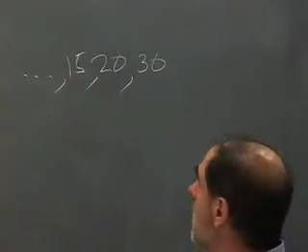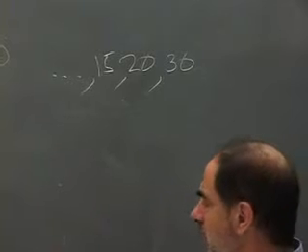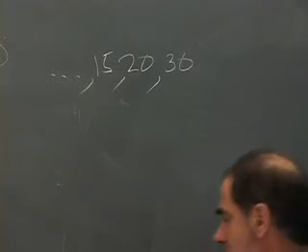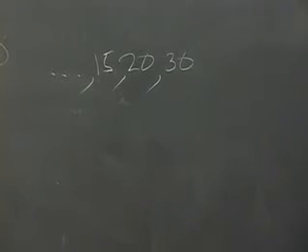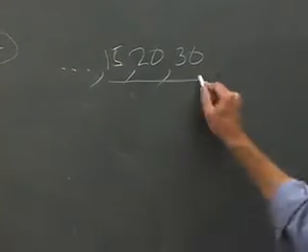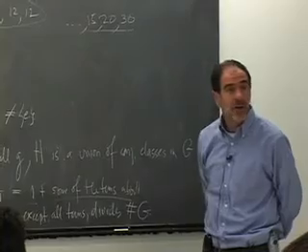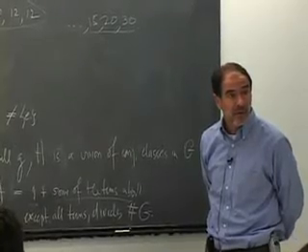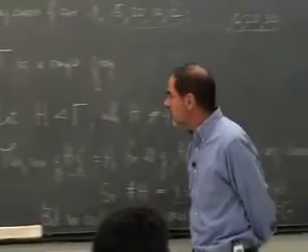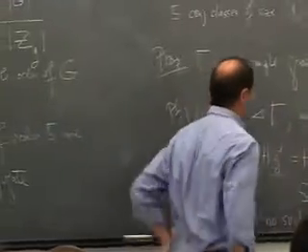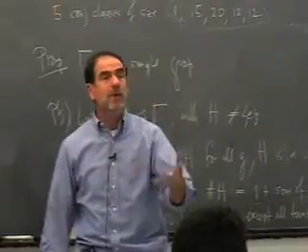Yeah, but then the number is bigger than 12 because it has to be 1 plus some of the terms above. So it's at least 13. So the only possible divisors we have yet to hit are 15, 20, and 30, and there's no way of putting those together to get 15, 20, or 30. Therefore, the only subgroup which could be a union of conjugacy classes and is not the identity is the full group. Therefore, it's simple.